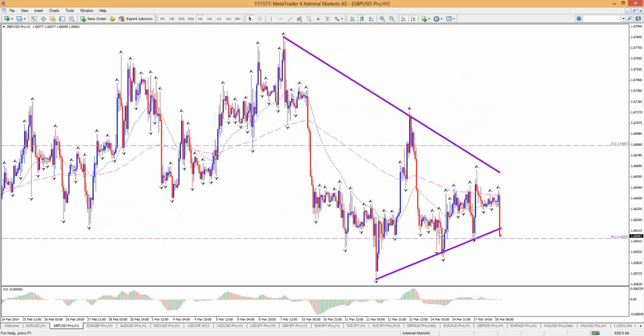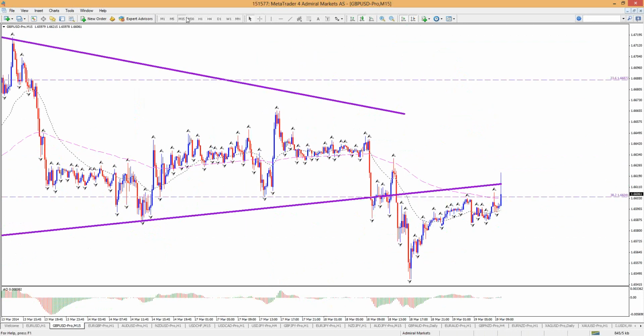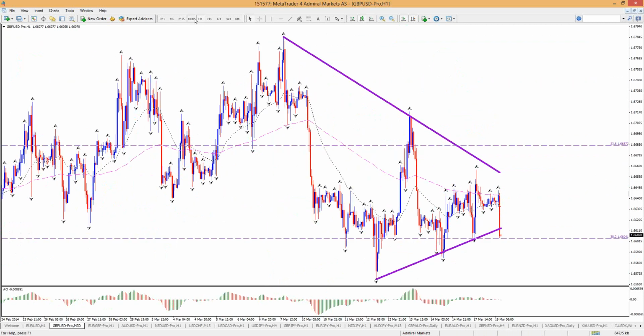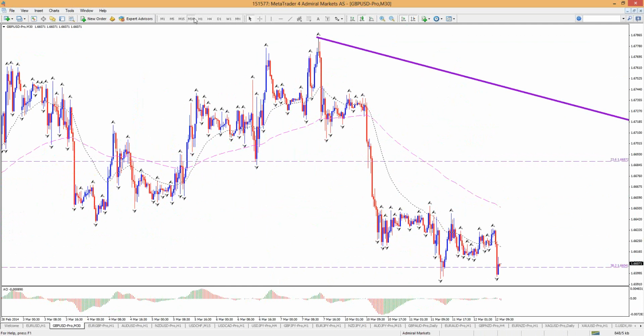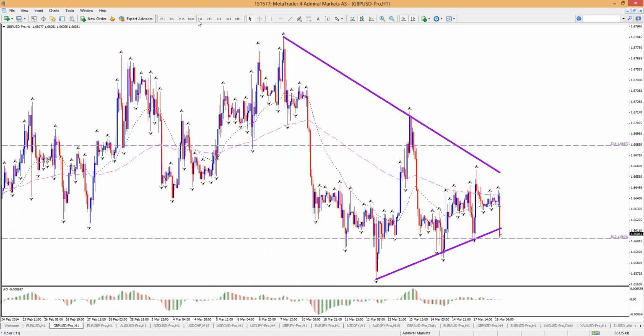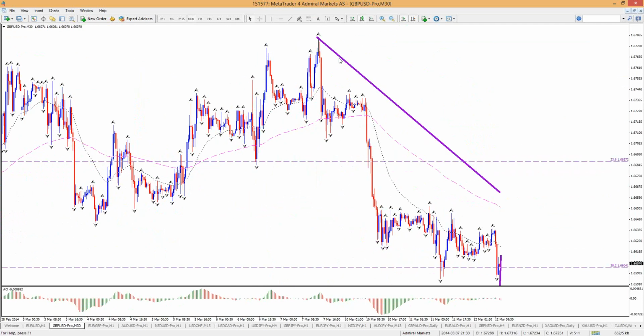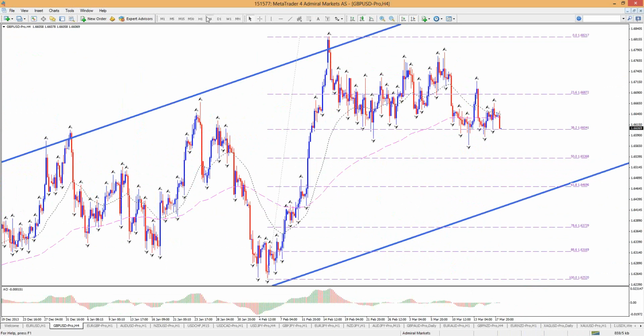Alrighty, 1 hour chart. We had this triangle more or less. Sorry about that. It's just my charts do not seem to be updating. Strange.